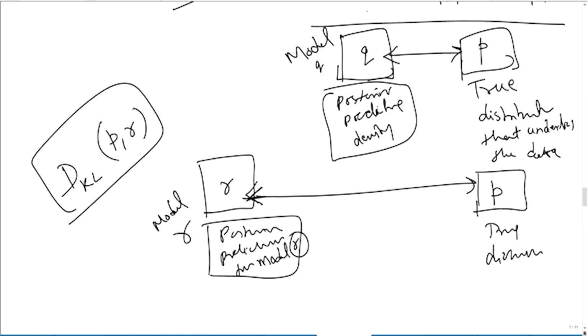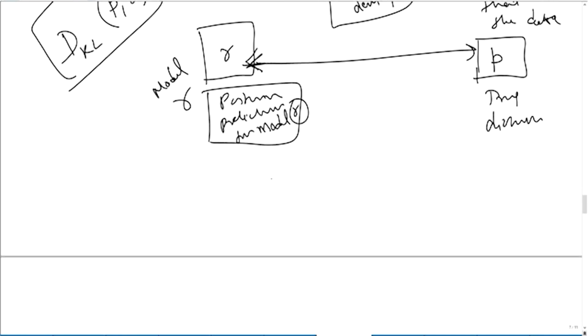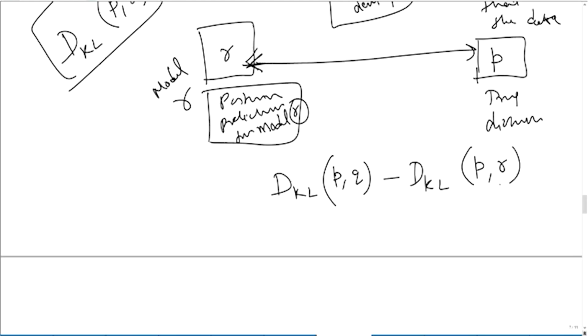But what we can do is compare these two distances to check which model is closer to the true generative process. So although we cannot compute these absolute distances, we can compute the difference of these distances, basically the difference of KL divergence from Q to P and KL divergence from R to P. Okay, basically we can compute this metric, KL divergence from Q to P minus KL divergence from R to P. Okay, so we can compute this.